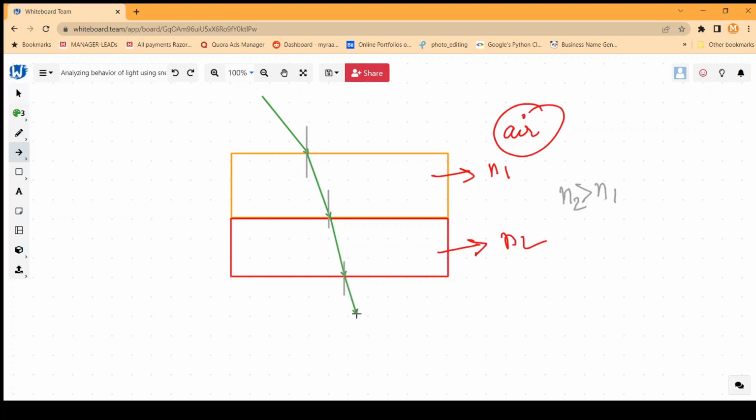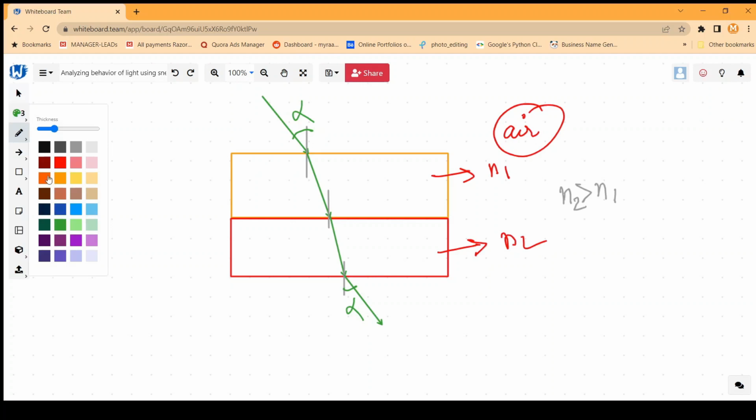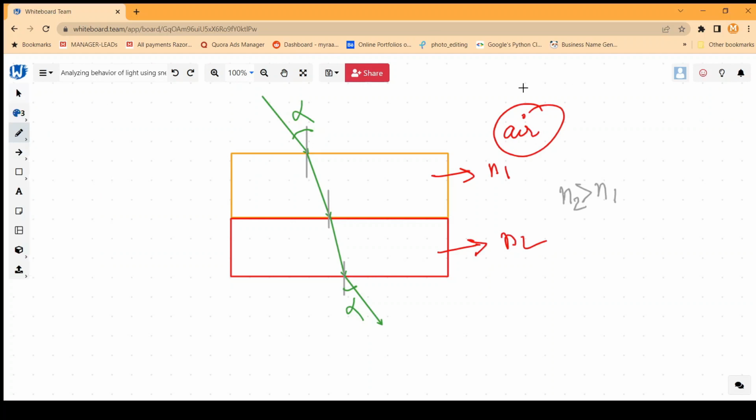But now, as it is going from a denser medium to a lighter medium, it is going to shift away from the normal, such that this one is going to be parallel to this one. This angle here will be equal to this, and we can prove that by applying Snell's law at different points where the ray of light is changing or meeting different mediums. So point number 1, point number 2, point number 3, we apply Snell's law to exactly know the path of the light.